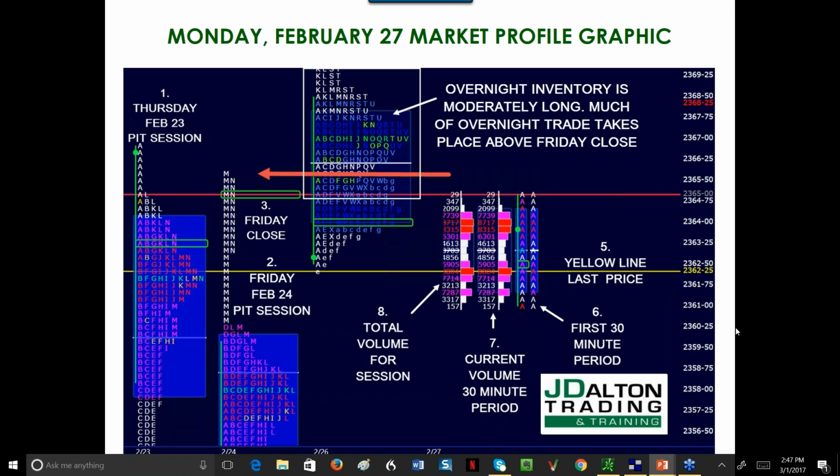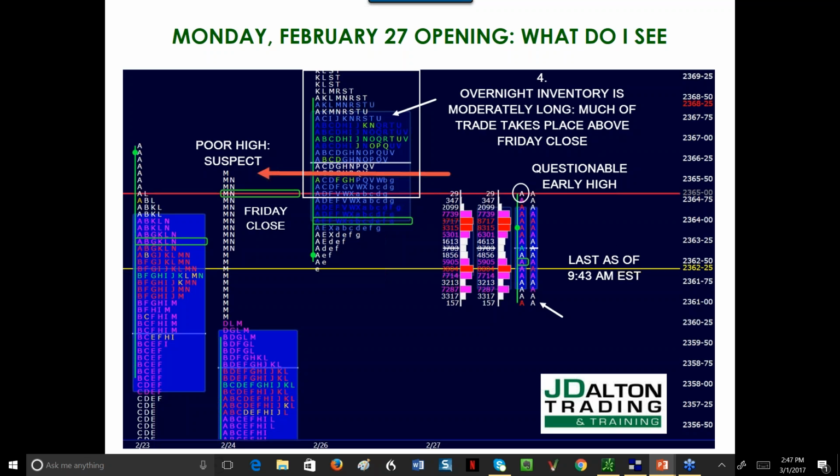I think the single most important thing that caught my attention as I was watching this market, and I'm going to go to the next slide, was that the early morning high was unchanged from Friday. So we would call that a weak high.